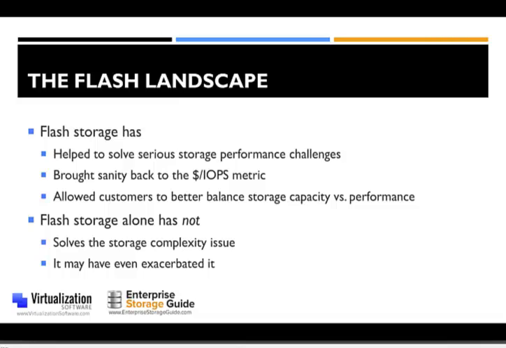So what has Flash done for us, though? It's really helped solve serious performance challenges. Now, again, this has become the new throw hardware at the problem. We're now putting Flash in place, and rather than just buying a whole bunch of spinning disks, as David mentioned, we're looking for the right place to put Flash to solve some of these issues. And this has brought some sanity back to the cost per IOPS metric.